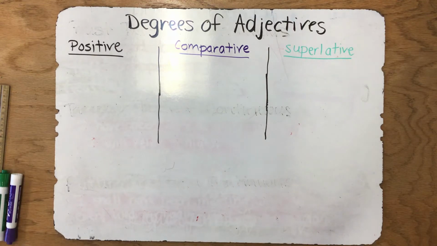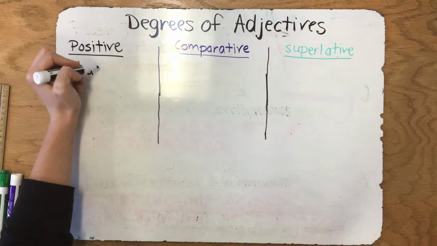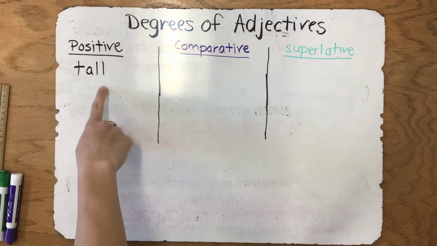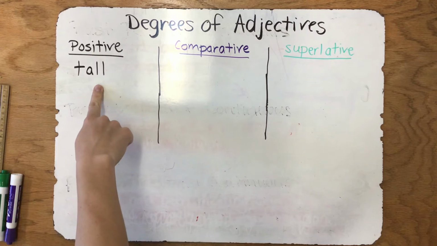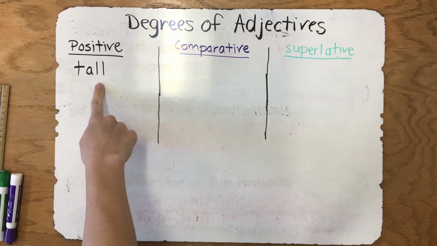So adjectives, as we know, we've been studying adjectives, describe a noun. Today we're looking at degrees of adjectives, meaning that some things are more or less than others. Take, for example, the adjective tall. If we wanted to, we might say Miss Bigelow is tall. Tall is describing me, Miss Bigelow.